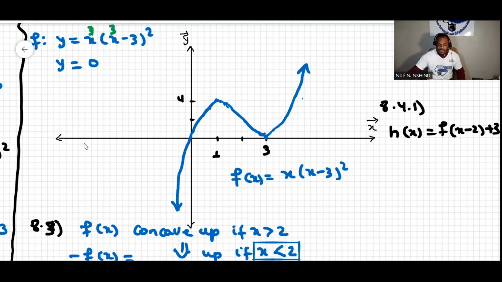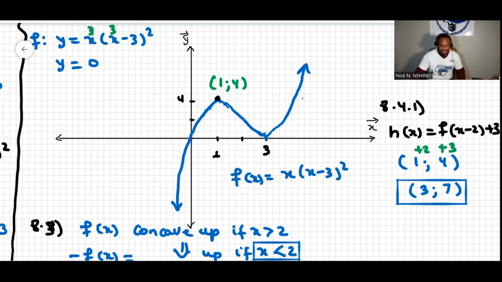So we shifted 2 units to the right, and the maximum was the point (1,4). So 2 units to the right means I add 2 to the 1, and 3 units upward, I add 3 to the 4. So the new local maximum will be the point (3,7).